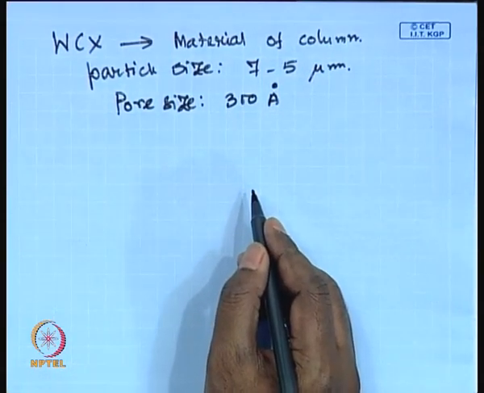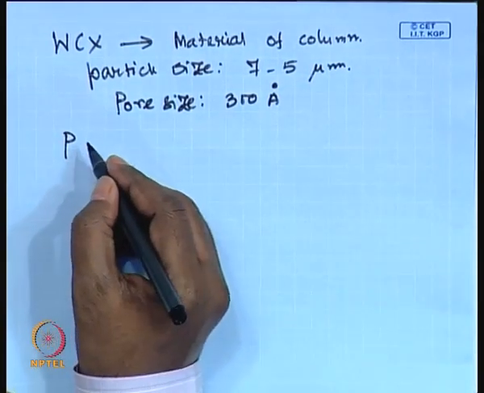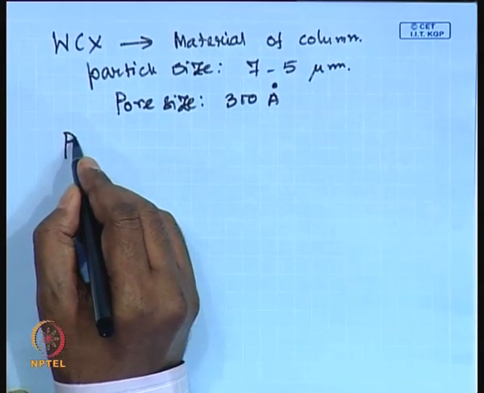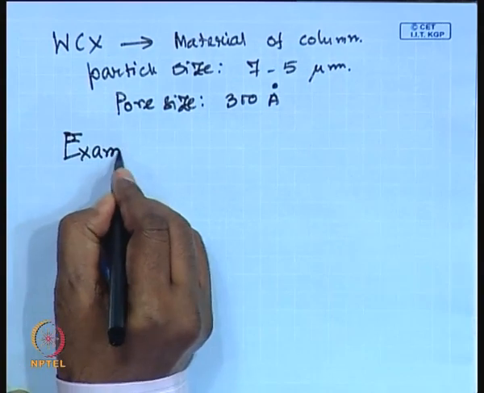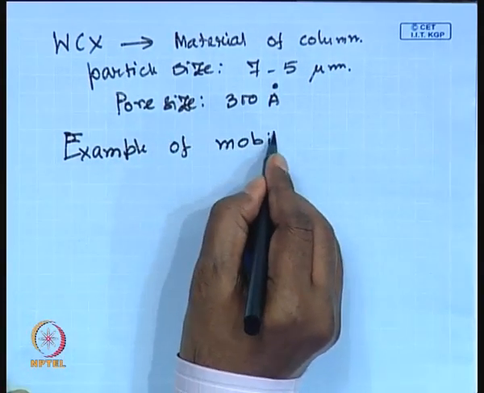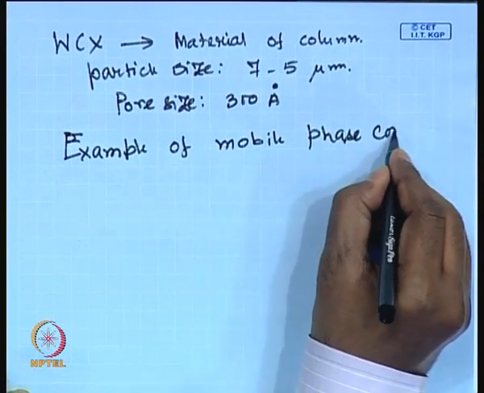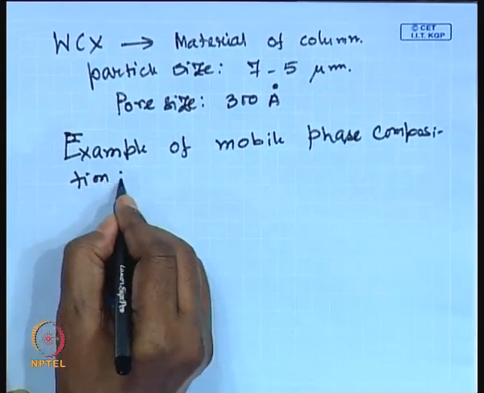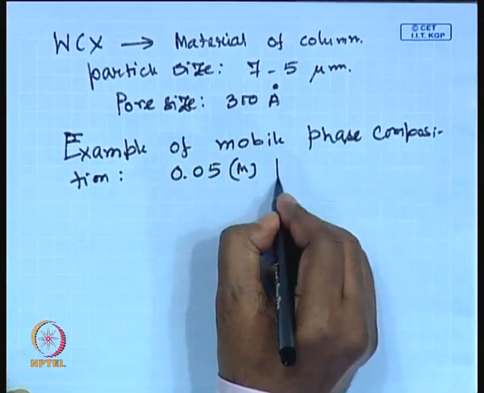The possible mobile phase composition can be anything. That means we are talking about the solvent composition. I am just giving an example. A typical example of mobile phase composition is 0.05 molar phosphate with sodium chloride.